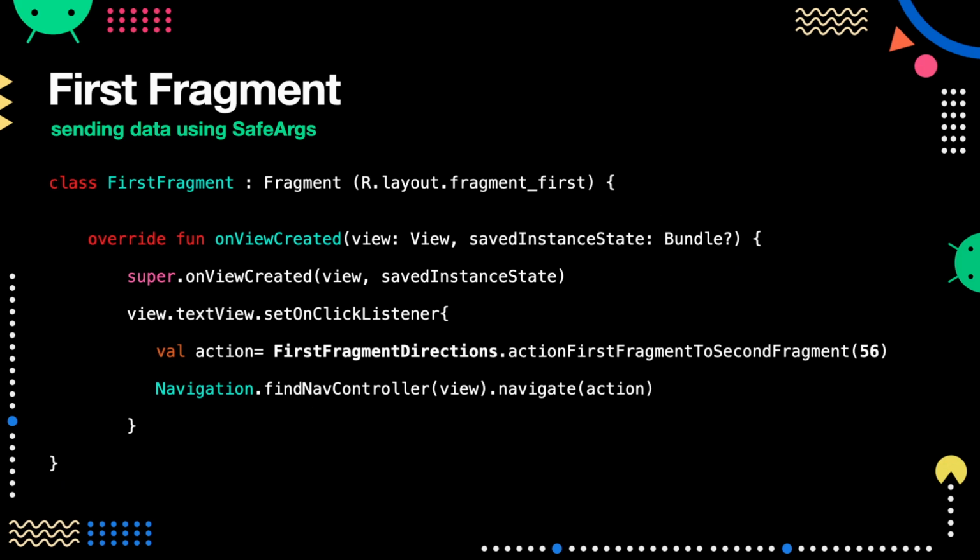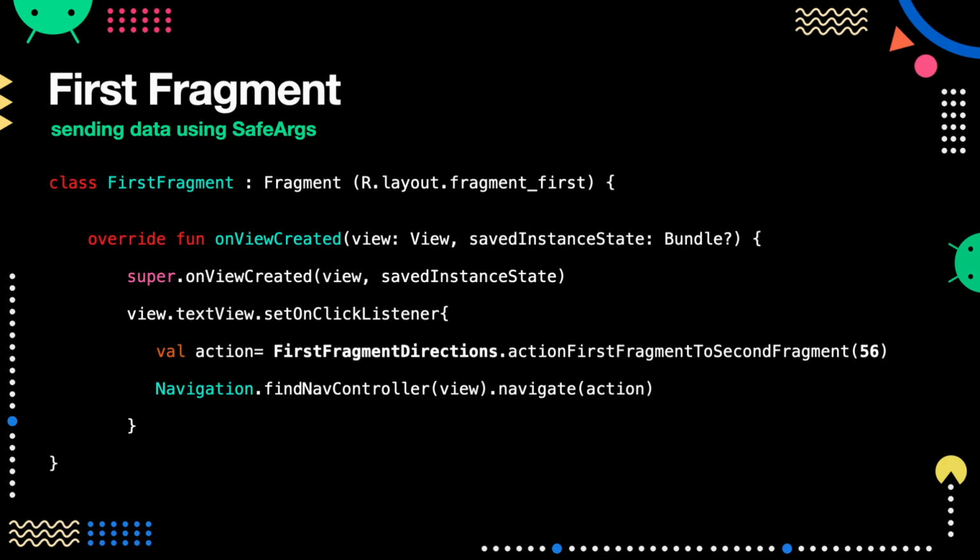For the first fragment, we use FirstFragmentDirections, and this has a function actionFirstFragmentToSecondFragment, and we pass the data 56 in this case to the second fragment. And similarly, the same code of Navigation.findNavController(view).navigate. Earlier we were just putting the action ID. Now we are putting the action and passing the data too.